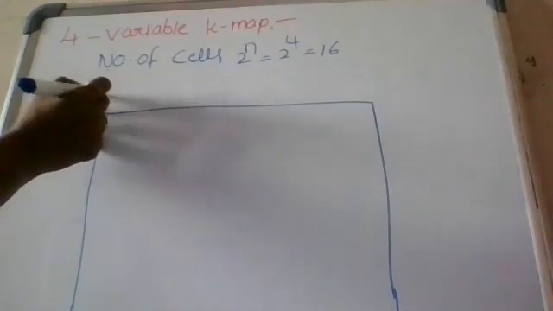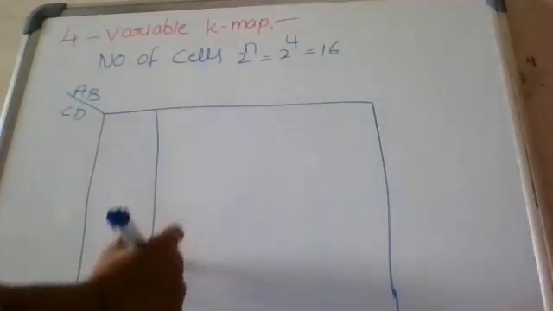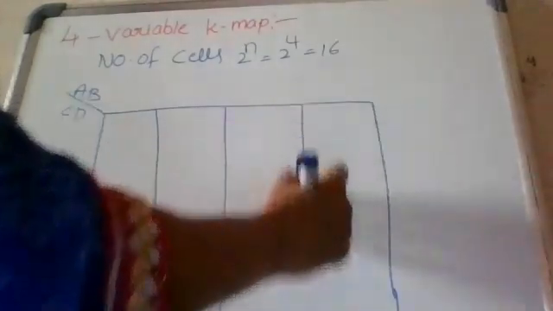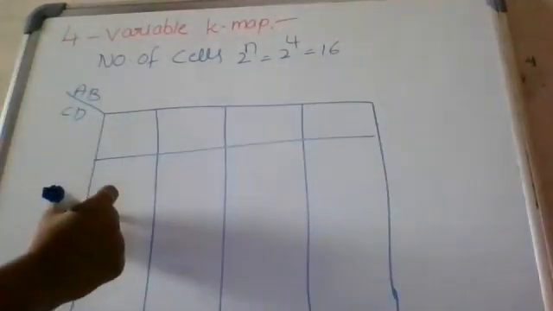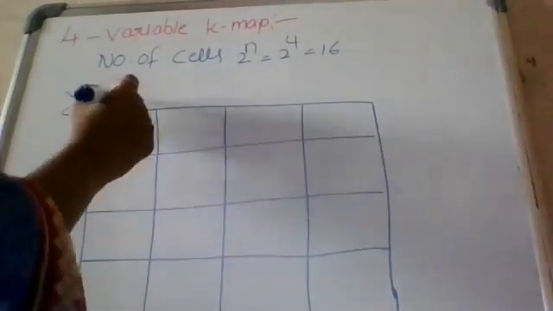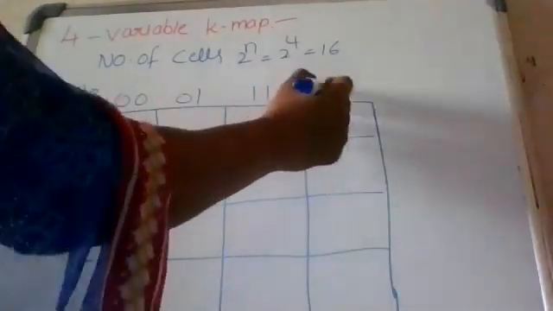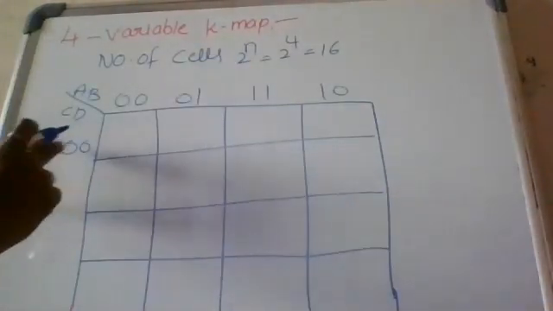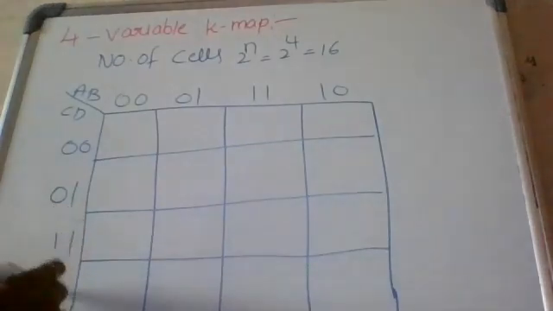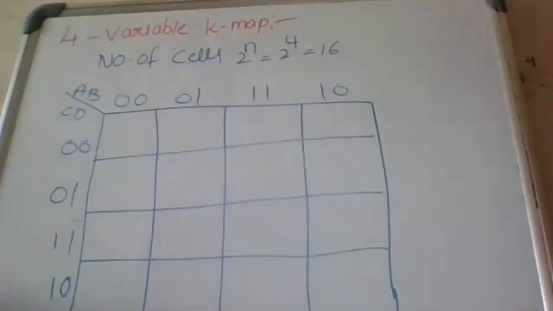Here we have the partition AB, CD, with 00, 01, 11, 10 on both. This is the 4 variable K-map.